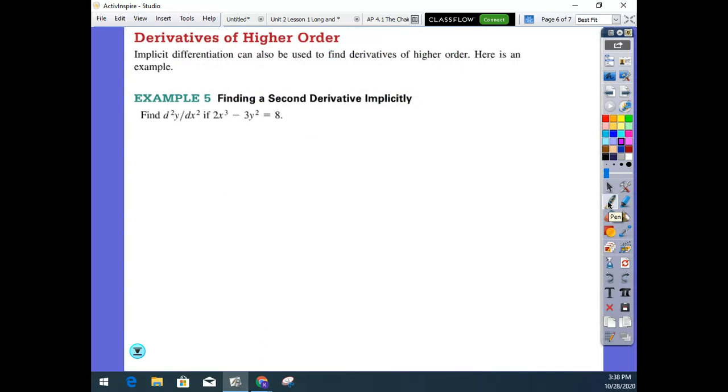All right. Second derivatives get a little bit yucky, so just kind of be careful. All right. So first we take the derivative, 2x to the third, that'll be 6x squared minus 6y. Every time we do y, take the derivative of y with respect to x equals 0.